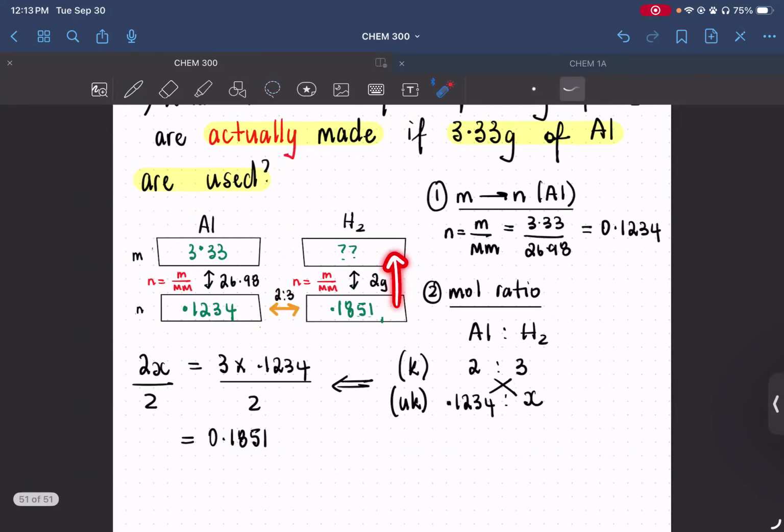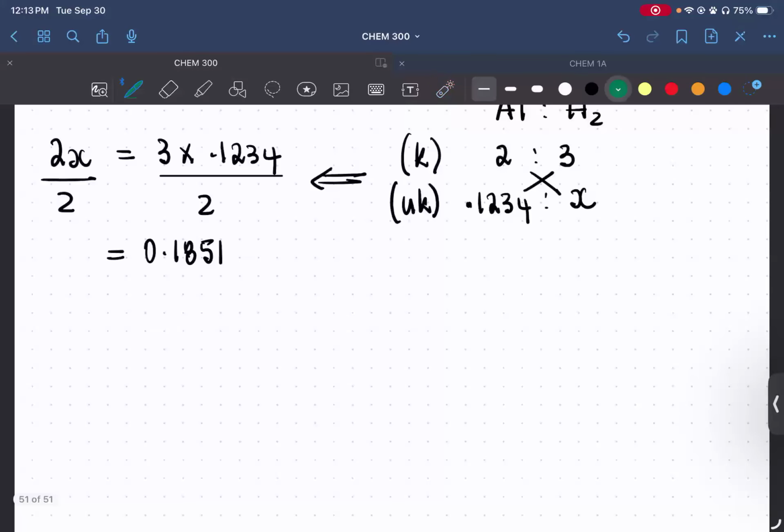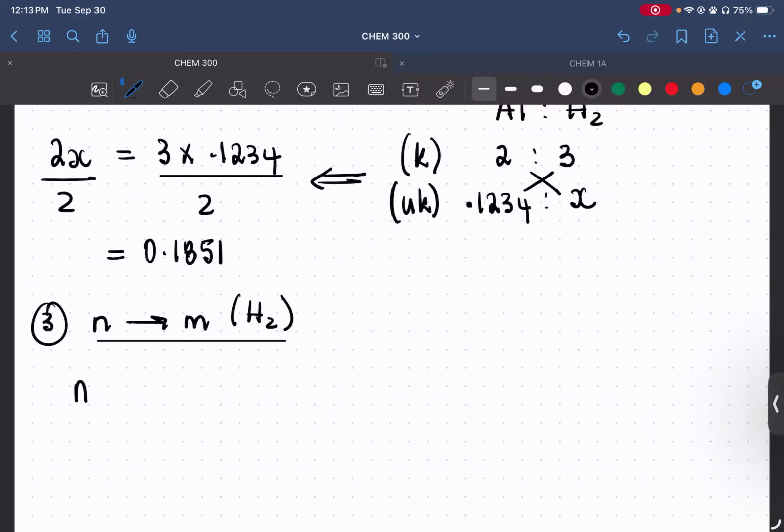Our final third step is to go from moles to mass, specifically for hydrogen. The formula is n = m / MM. With a little bit of rearrangement, we know that m = n × MM.